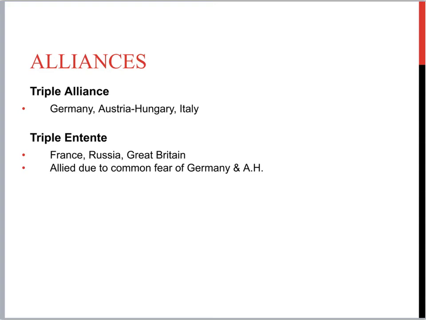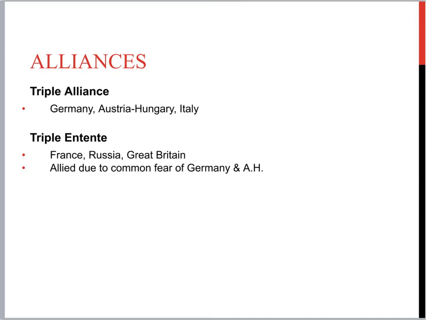The other major alliance that existed at the time was the Triple Entente. That was, as you see here, between France, Russia, and Great Britain. This was entered into shortly before World War I, and it was mostly due to Russia's and France's fear, in particular France's fear, of the German and Austrian Triple Alliance.